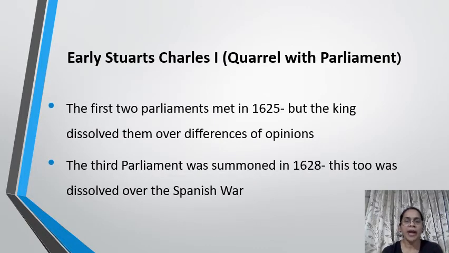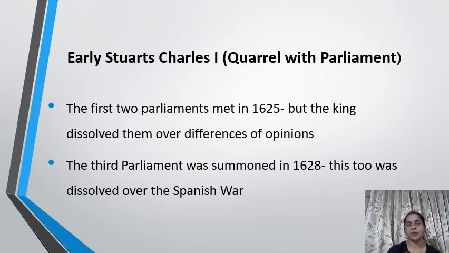So now let us look at the parliaments of Charles I. The first 2 parliaments of Charles I met in 1625, but as was the case with all of these early Stuart monarchs, the king had a difference of opinion with these 2 parliaments and dissolved them over these differences of opinion. The 3rd parliament was summoned by him in 1628.